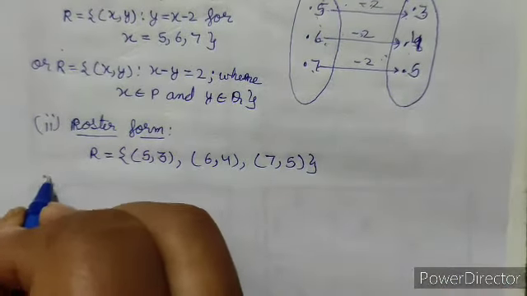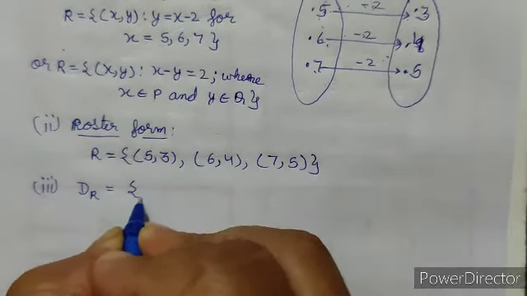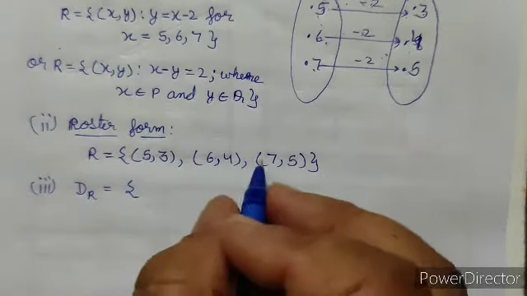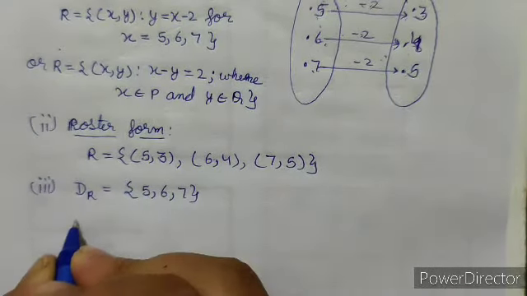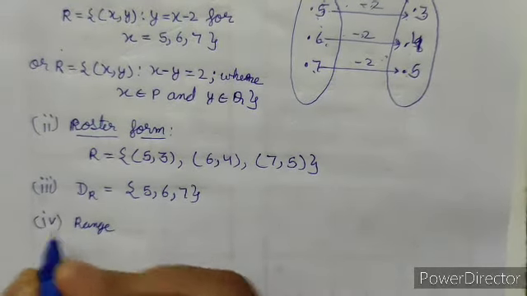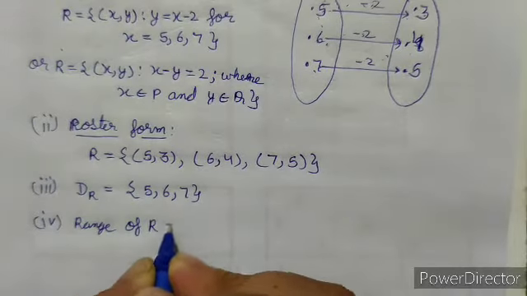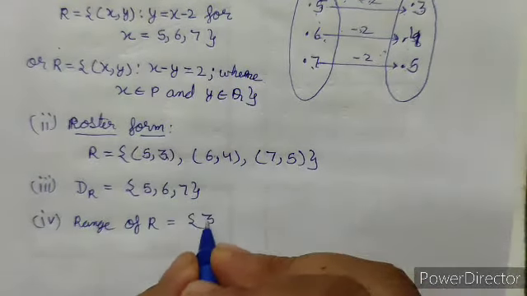Now the third one is the domain of the relation. The domain is the set of first elements of the ordered pairs, and that is 5, 6, 7, and the range of the relation will be the second elements of the ordered pairs, and these are 3, 4, 5.